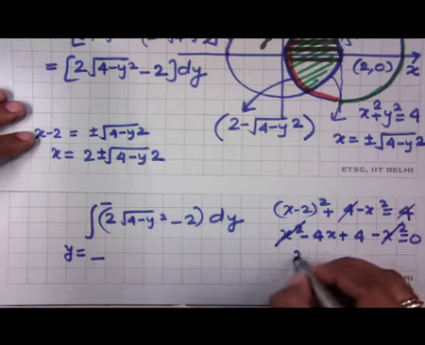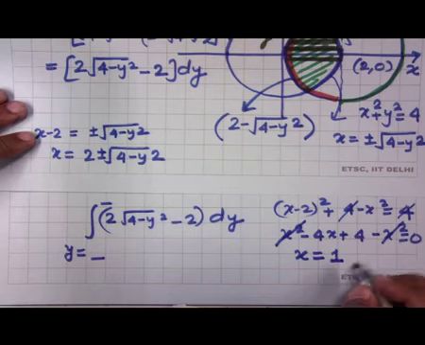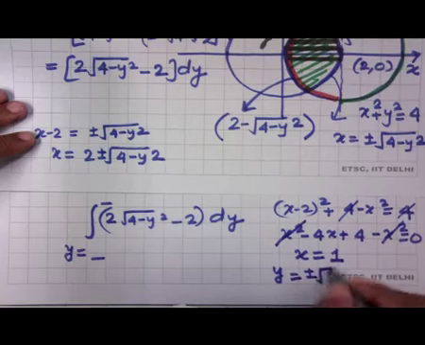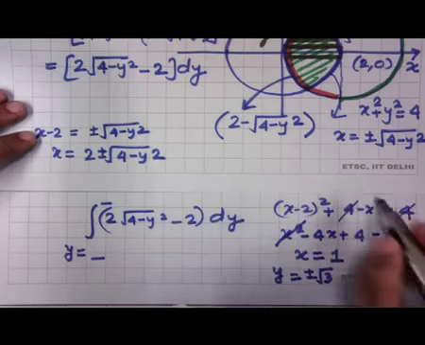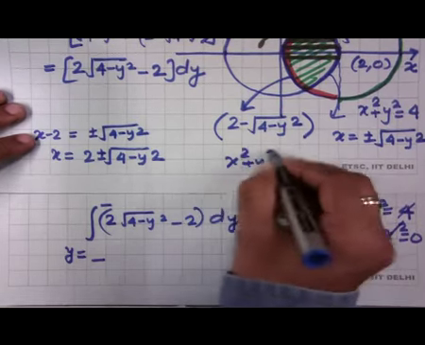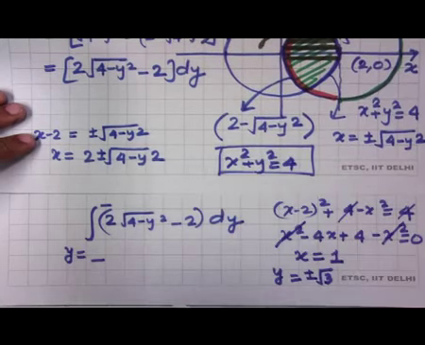So, x is 1. So, at x equals to 1, y is plus minus root 3. Put x equals to 1 in either of the equations, say in this equation, you get y as plus minus root 3.